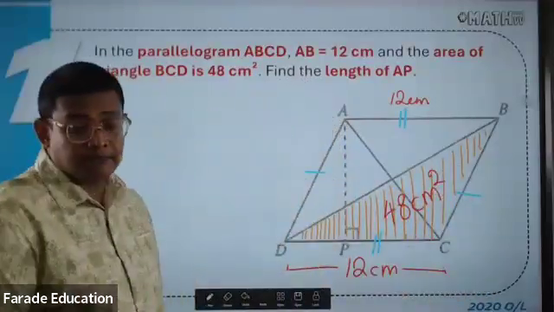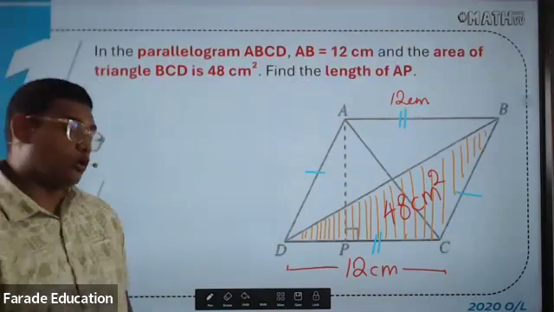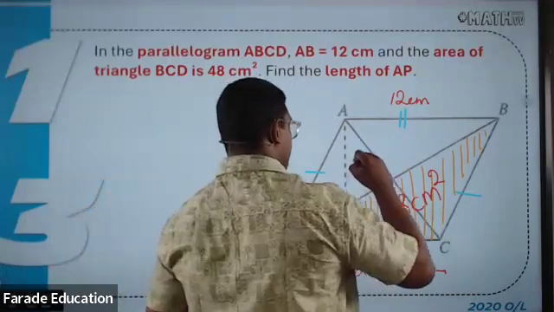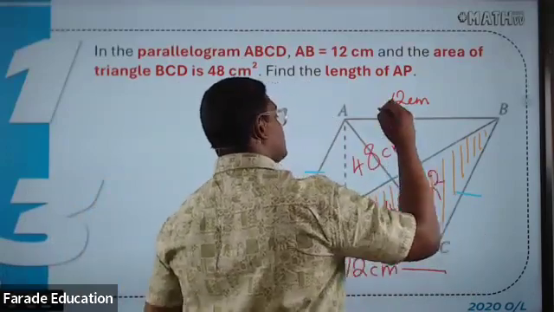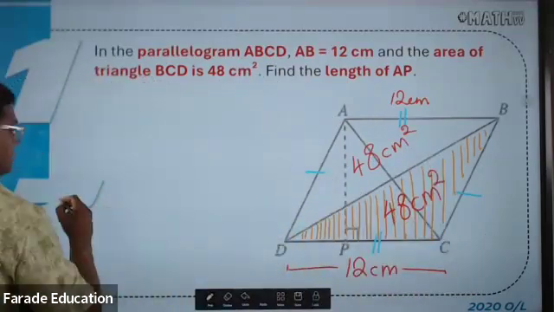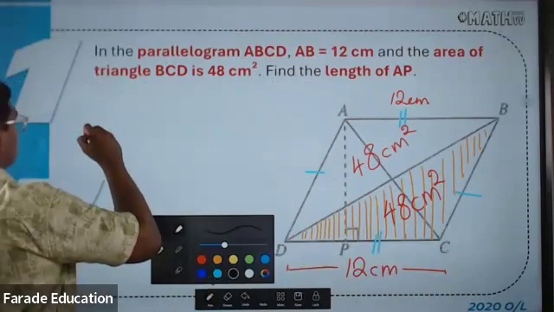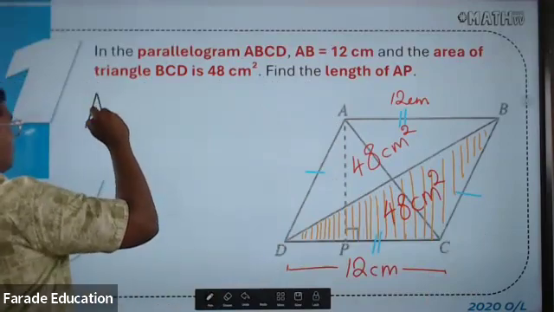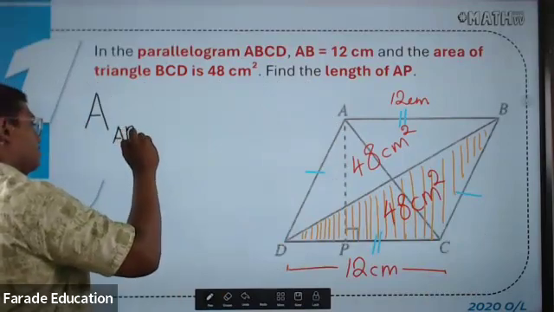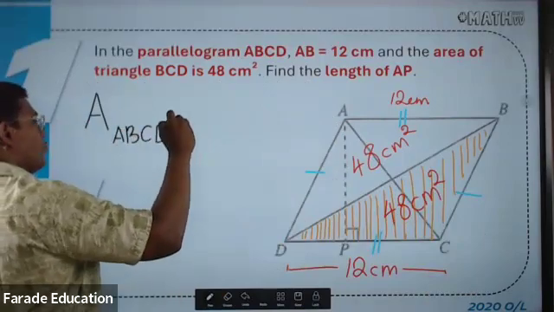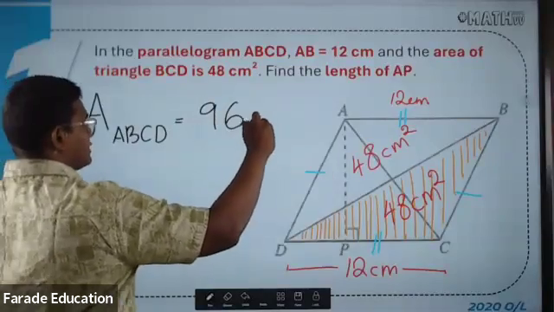And what did we learn? The diagonal bisects the area of a parallelogram. If this is 48, then this is also what? 48 centimeters squared. That means the area of the parallelogram ABCD is how much? 48 plus 48, 96 centimeters squared.